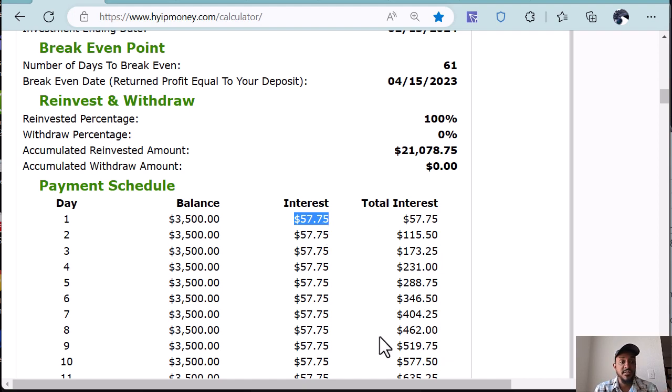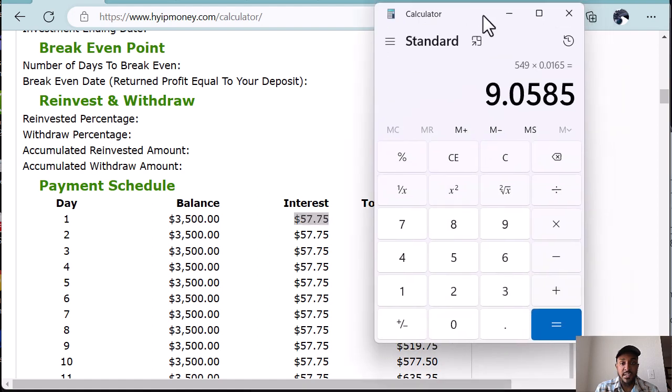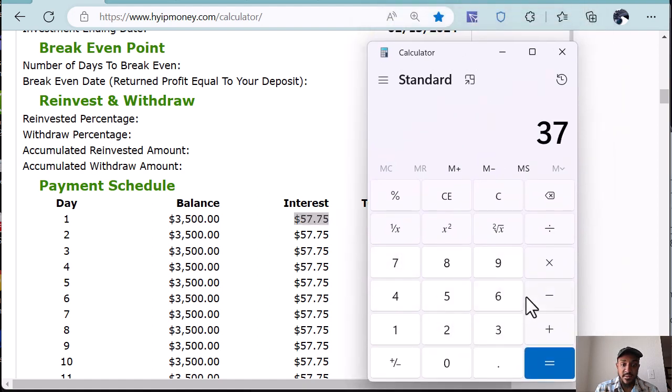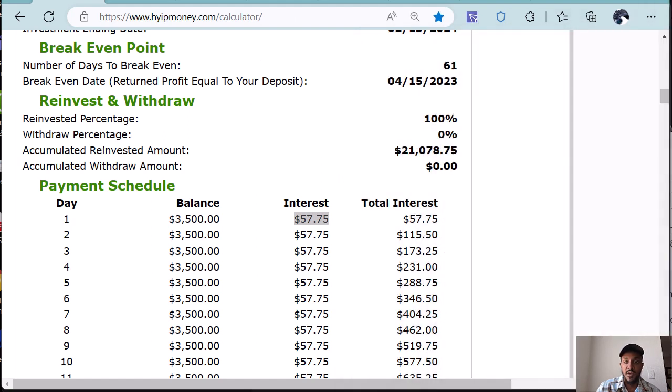So now I'm keeping $37 a day. So $37 a day, if we're going to keep $37 a day, that's an additional $1,000 a month. At the same time, I'm putting back in $600 back into my investment, right?